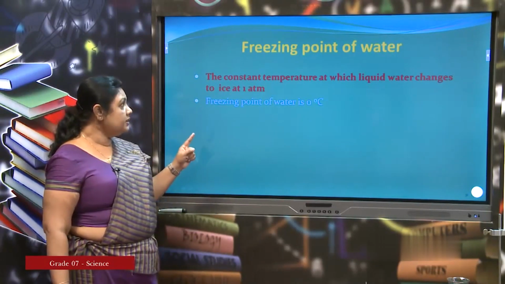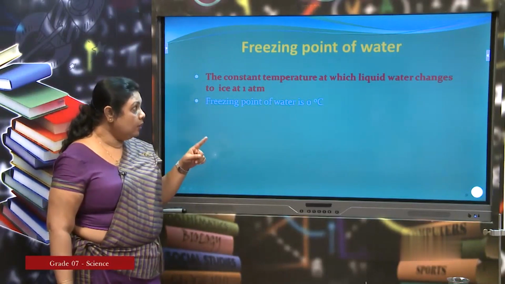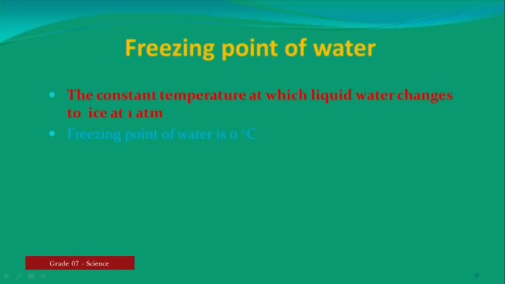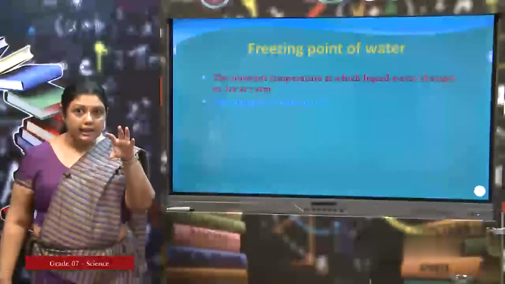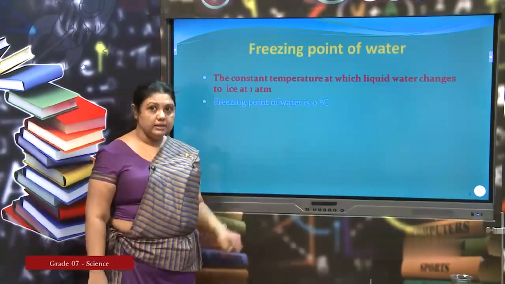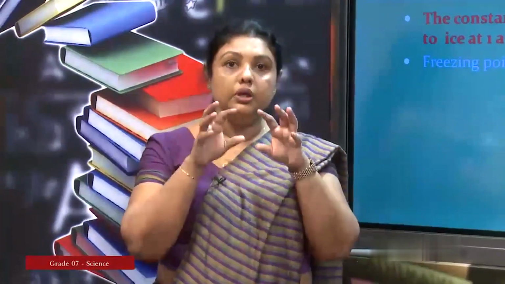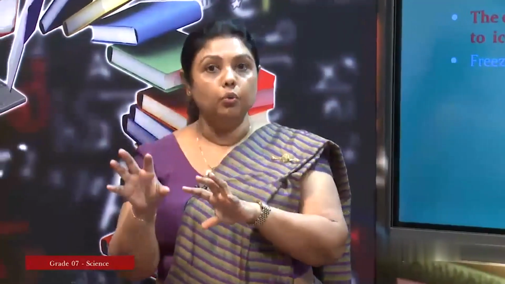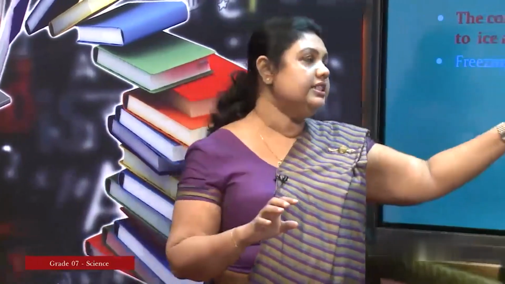It is the constant temperature at which liquid water changes to ice. You see something, 1 atm, here. That is the standard atmospheric pressure. When pressure changes, this changes, children. So, the freezing point of water is always 0 degrees Celsius. If you want to turn liquid into ice, you need 0 degrees Celsius. If you want to turn ice into water, again 0 degrees Celsius.